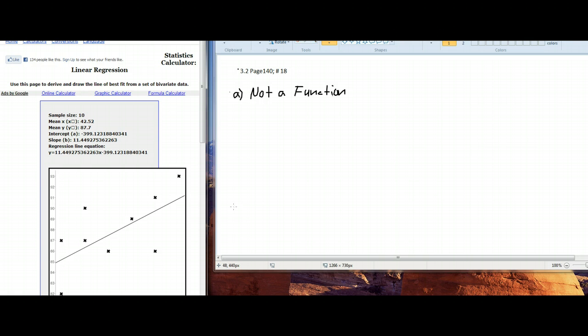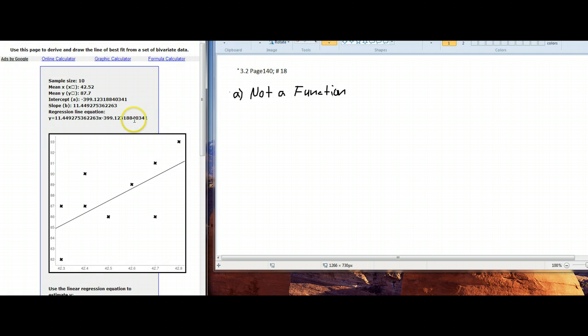And in our linear regression, they give us some information. We are given our sample size, how many points. We're given our mean for x, the mean value for y. This is our y-intercept. And we are also given our slope.